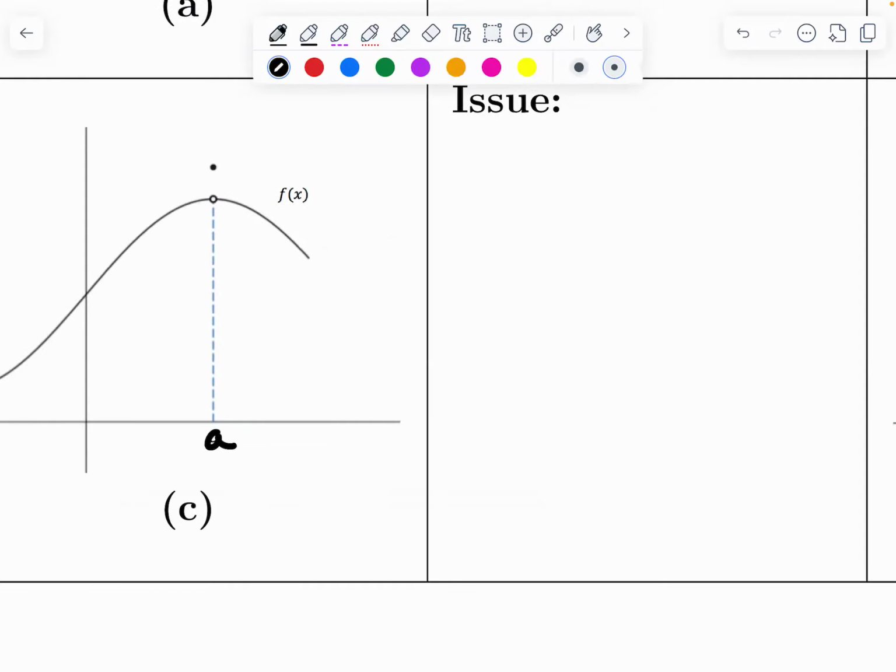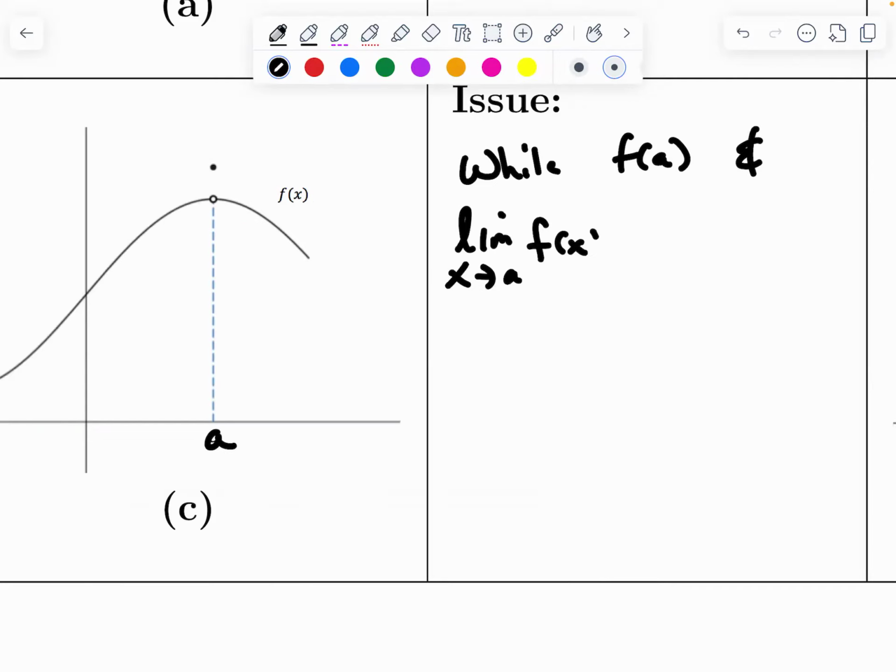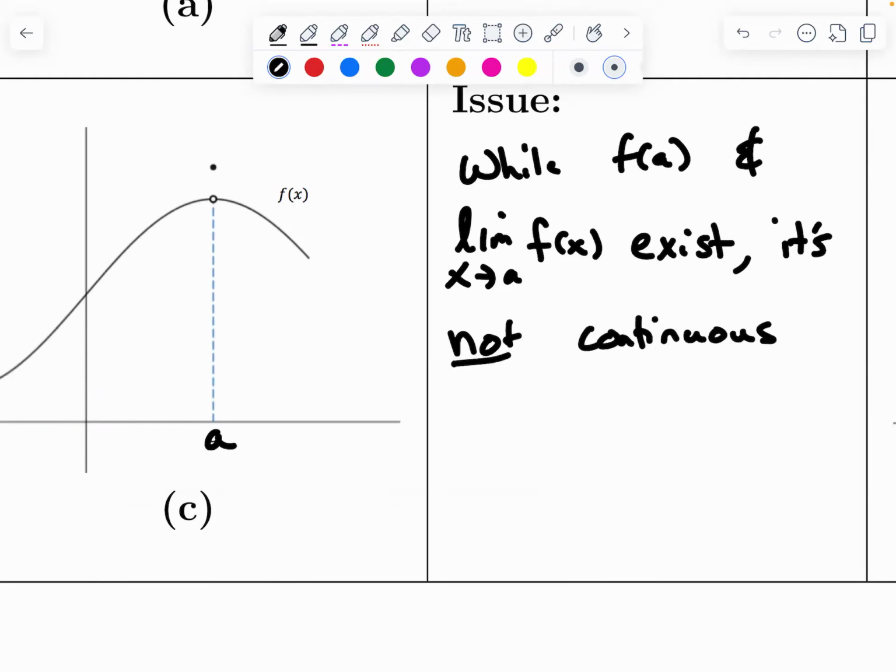So while f of a and the limit as x approaches a of f of x exist, it's not continuous, because the limit as x approaches a of f of x does not equal f of a.